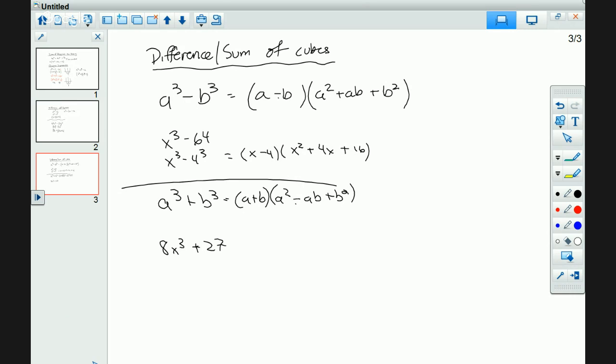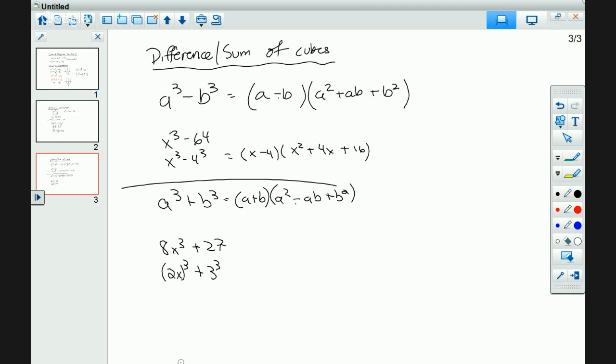Here's the sum of two cubes. If you need to rewrite it, 2 cubed is 8, and then 3 cubed is 27. I've always found it handy to have the cubics memorized up to 2, 3, 4, 5, 6, 7.